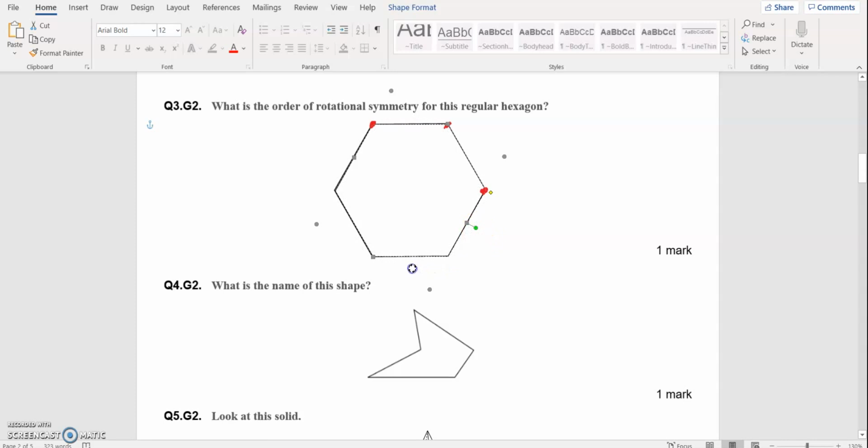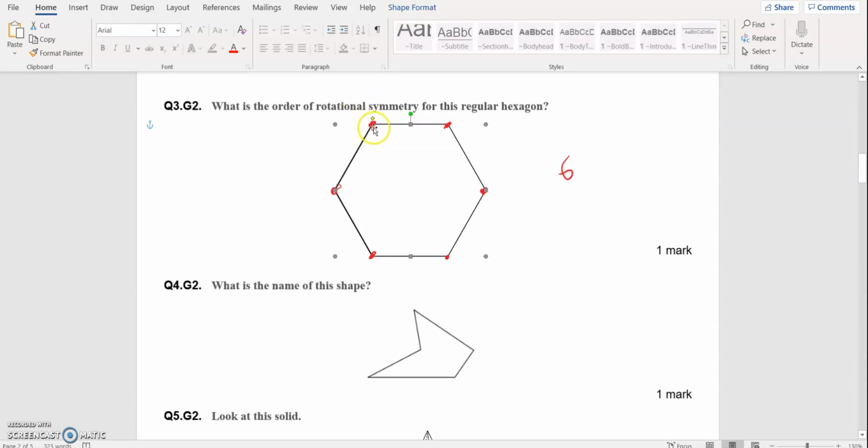Once more, and this is 3, 4, 5, 6. So 6 would be the answer.